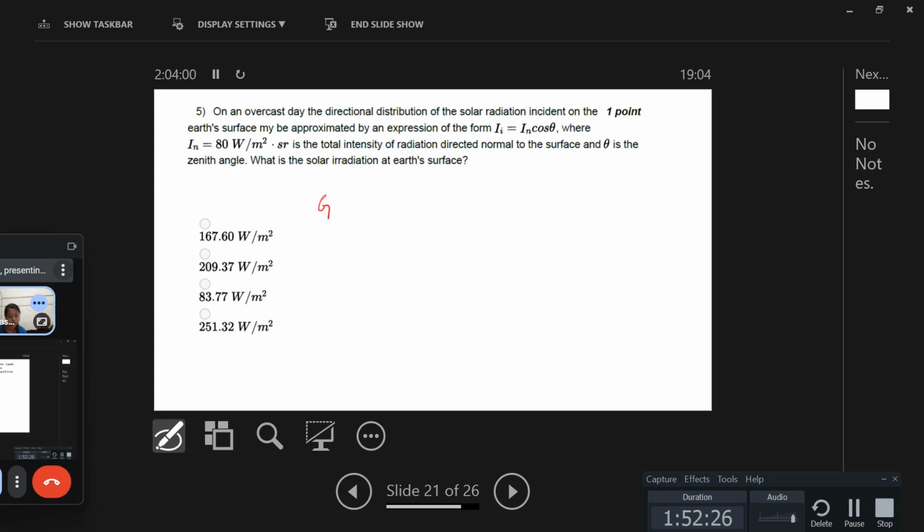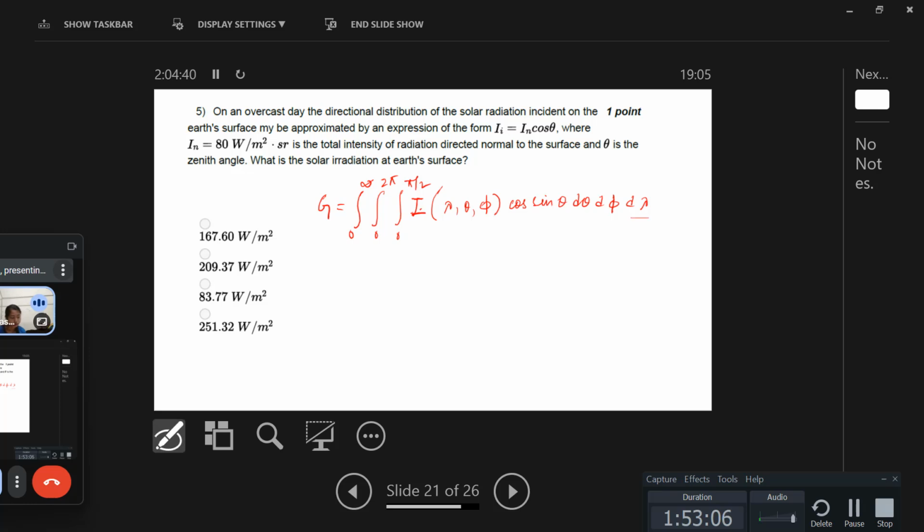So if you calculate the total irradiation, cos theta sin theta d phi d lambda. Now I is given as In cos theta.